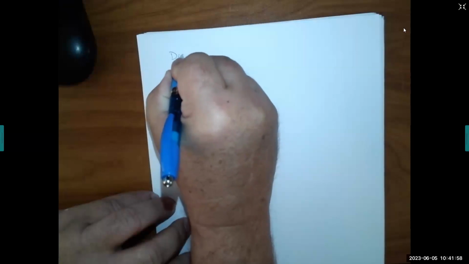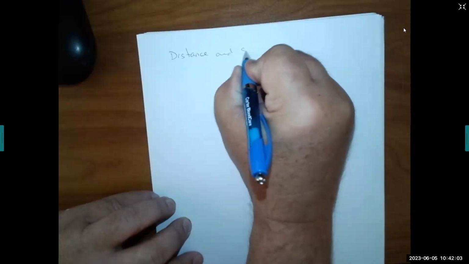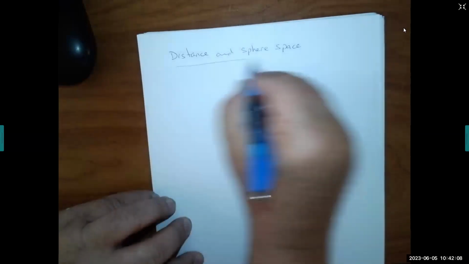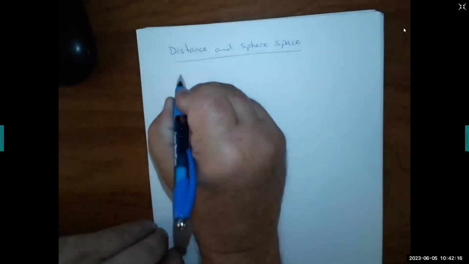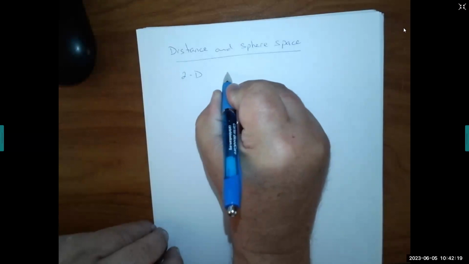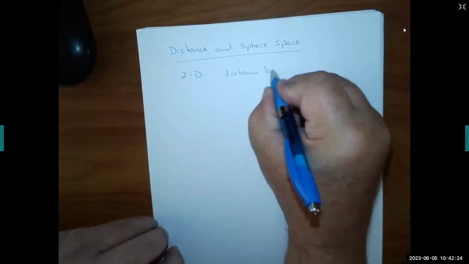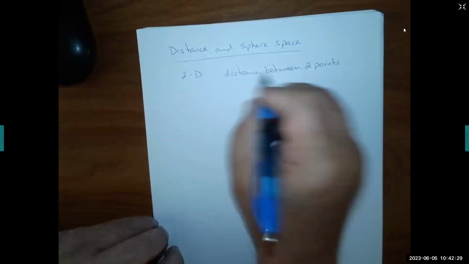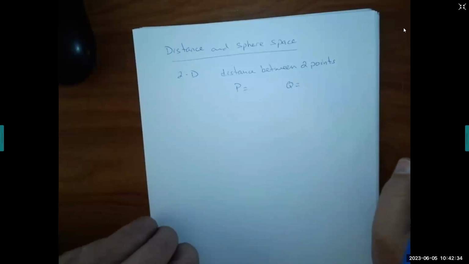How about the distance in sphere space? Remember, in a 2D world, distance between 2 points, P and Q. What is P made up of?